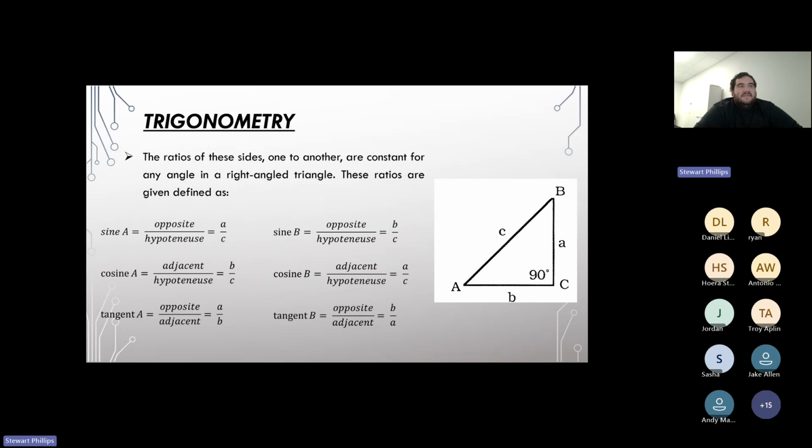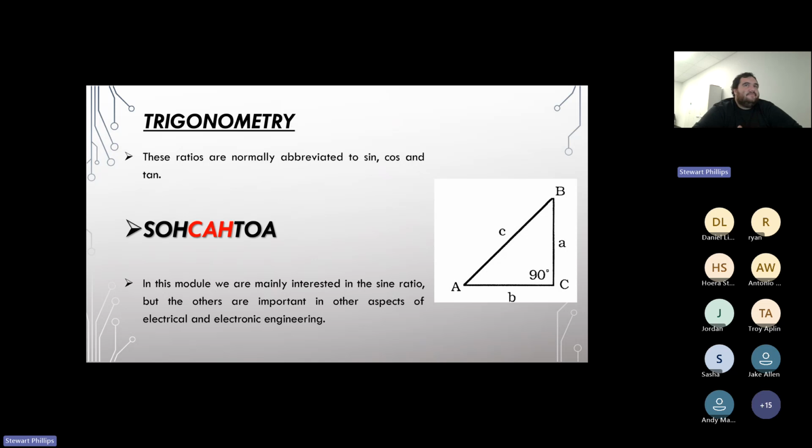I won't go through them all, but basically the sine of angle A is side A divided by C, cosine A, B divided by C, tangent A divided by B. It's always sine opposite over hypotenuse, cosine adjacent over hypotenuse, tangent opposite over adjacent. So this is the way that SOHCAHTOA comes about. Sine opposite hypotenuse, cosine adjacent hypotenuse, tangent opposite adjacent.